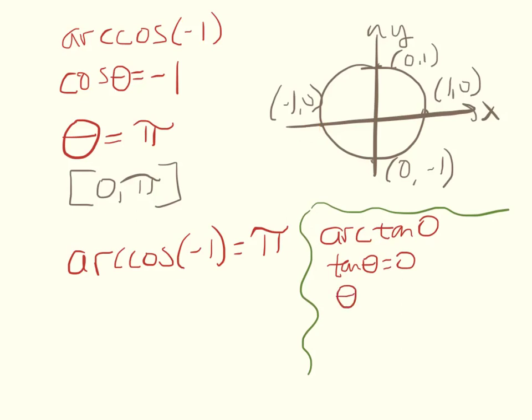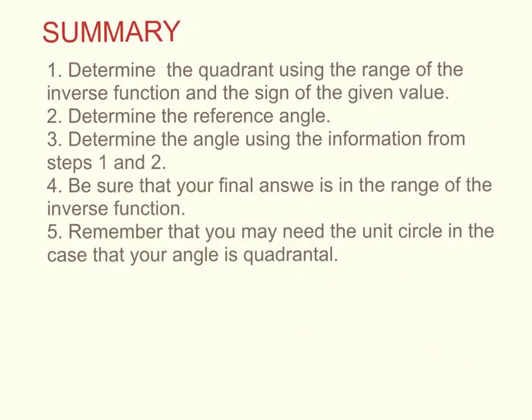But it can't be both. So we're going to remember that our range for tangent is negative pi over 2 to pi over 2. Now 0 is between negative pi over 2 and pi over 2, but pi is not. So that means that the arctan of 0 is equal to 0.